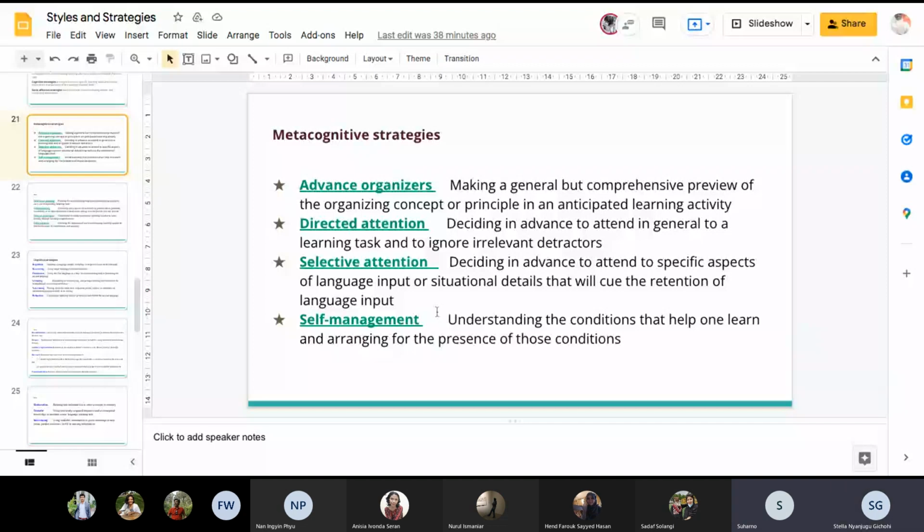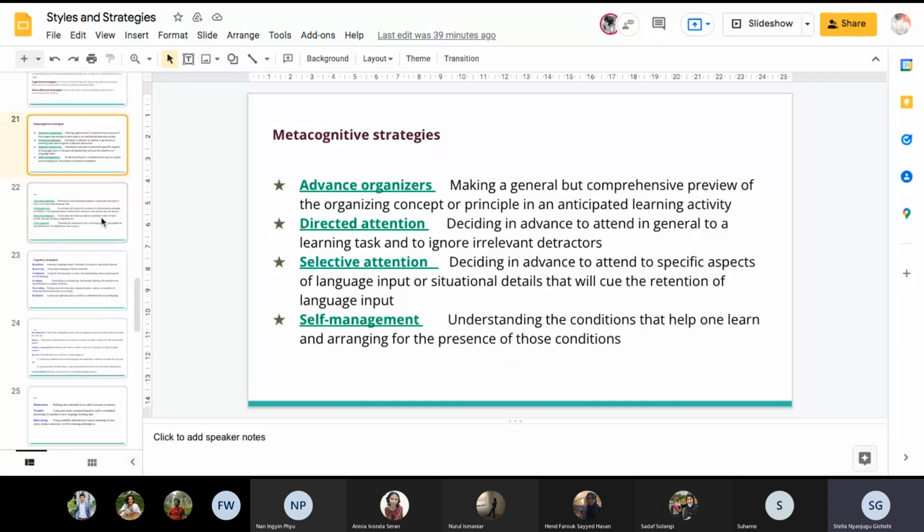These attend to a specific aspect of language input. They just want to retain a particular aspect of language, so they are very selective. And then you have self-management. These understand the conditions that help one learn and arrange the presence of those conditions. So yes, they're able to manage themselves well.